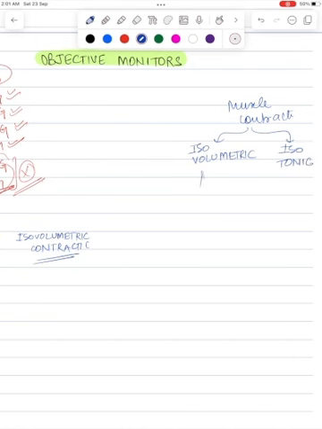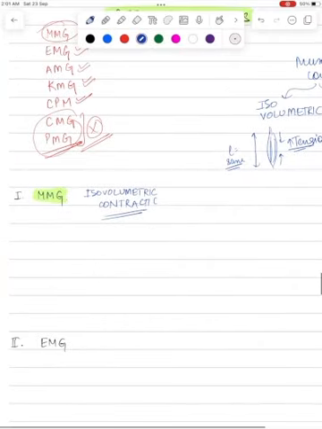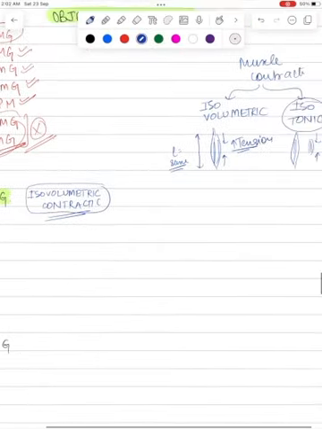In isovolumetric contraction, the muscle is contracting, but the length of the muscle remains the same, and this leads to an increase in the tension within the muscle. Whereas in isotonic contraction, the length of the muscle shortens as the muscle contracts, but the tension within the muscle remains the same. So mechanomyography measures the isovolumetric contraction.